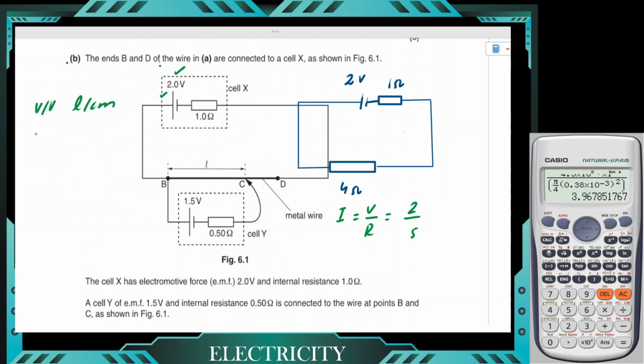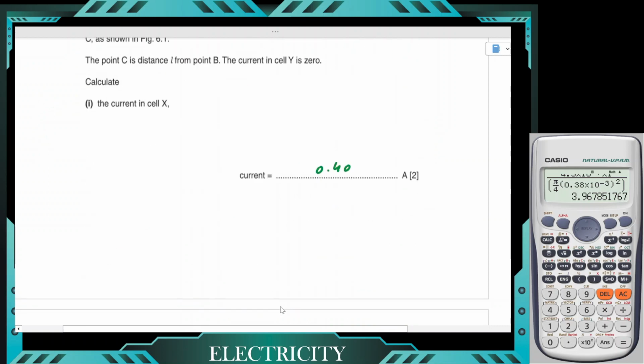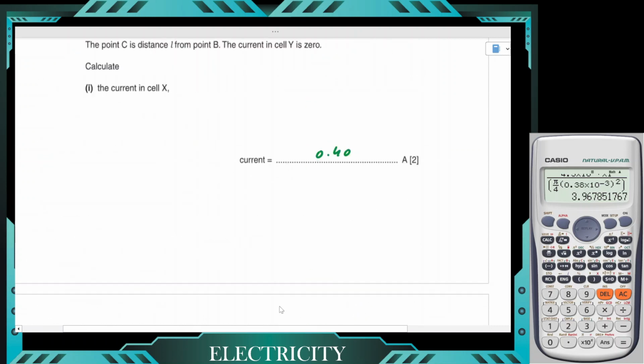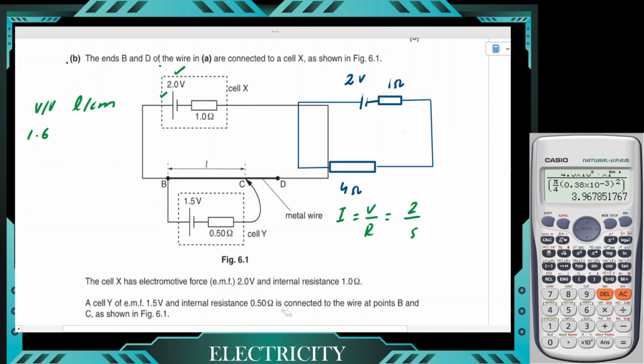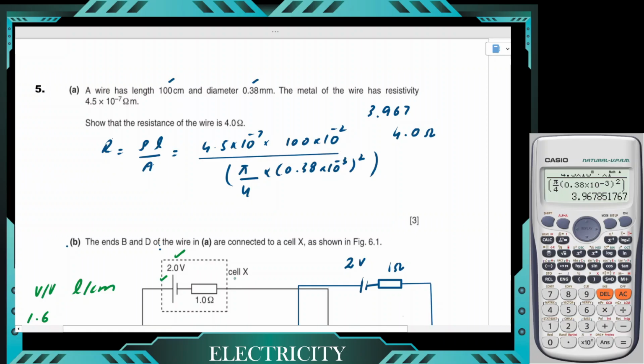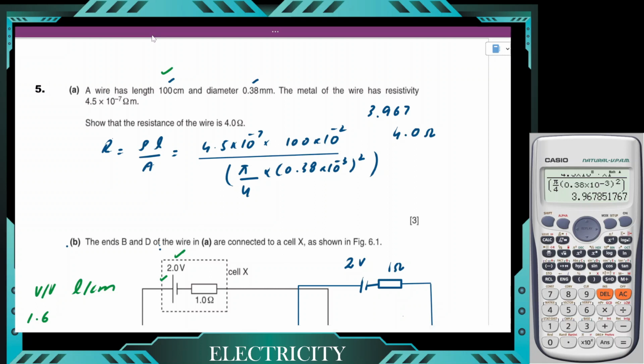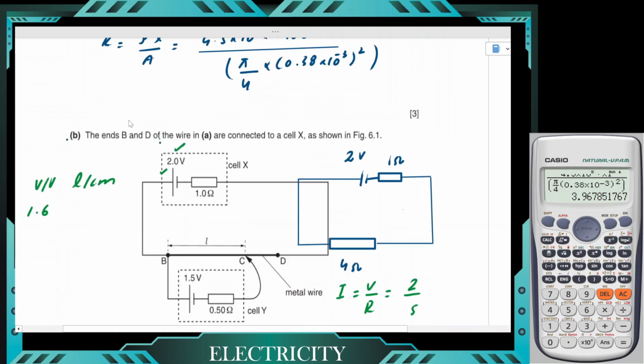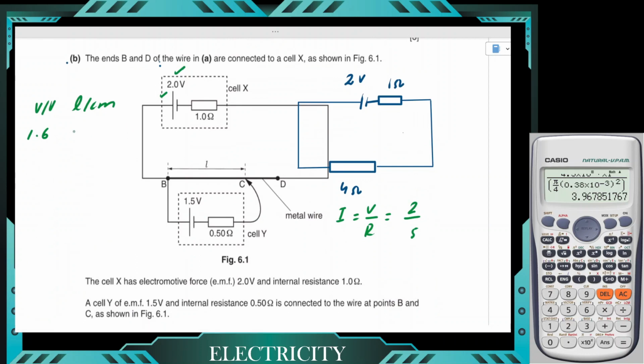So 1.6 volts were provided. Length is in centimeters, right? Yes, centimeter. So 1.6 volts were provided to the wire BD, which had the total length of 100 centimeters. As you can see, the wire has length 100 centimeters. So 1.6 volts are there for the length 100 centimeters.